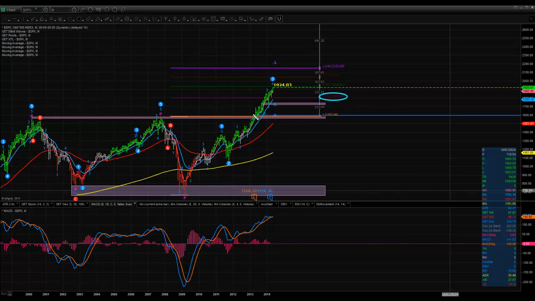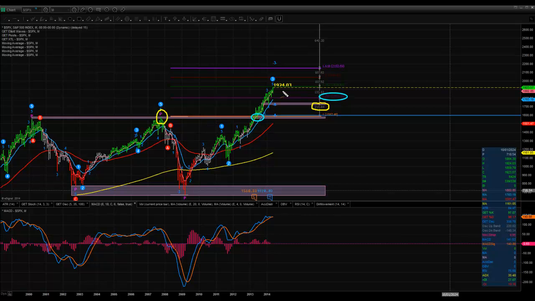And remember, this was as we took out the 1600 levels back in 2013. We wanted to say, well, where are the natural resistance points up here? And the first one was projected at just slightly over 1803, which was about 215 points from taking out that pivot high right there.